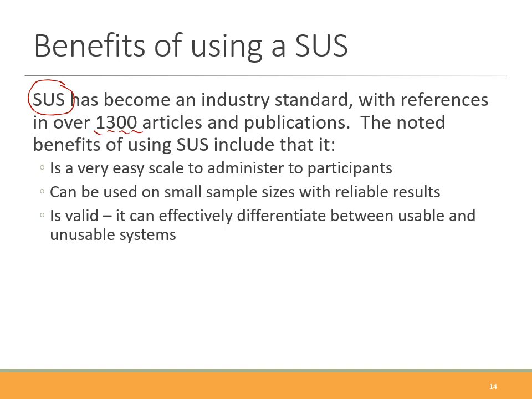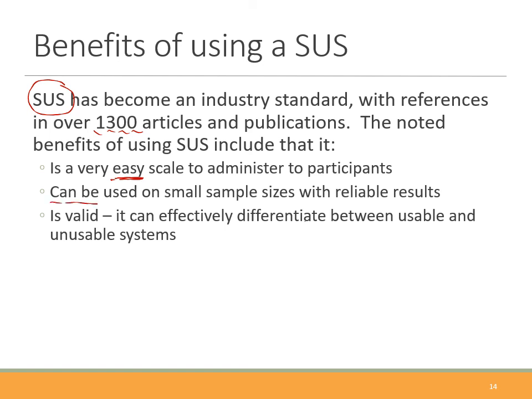Another benefit is that it is a very easy scale that we can administer to participants. The questionnaires are easy to understand, and the score that we obtain can be easily interpreted and understood by the user, by the software developer, and by the management or executives of the system.